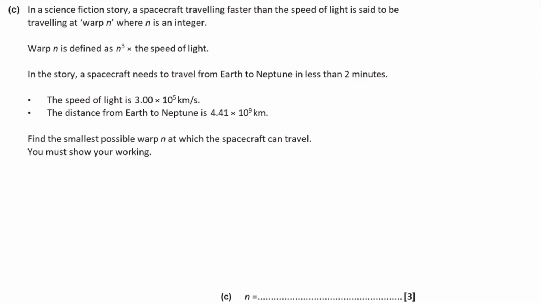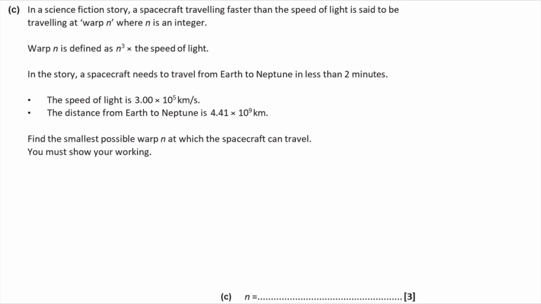The speed of light is 3.00 times 10 to the 5 kilometers per second. The distance from Earth to Neptune is 4.41 times 10 to the 9 kilometers. Find the smallest possible warp n at which the spacecraft can travel. You must show your working.